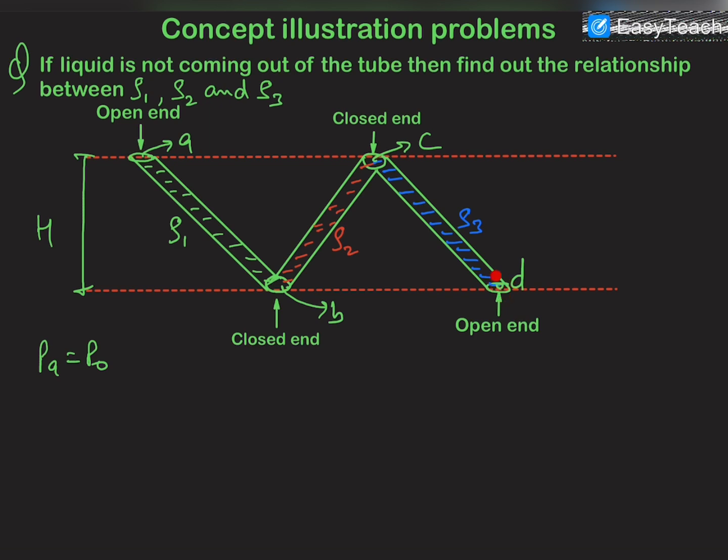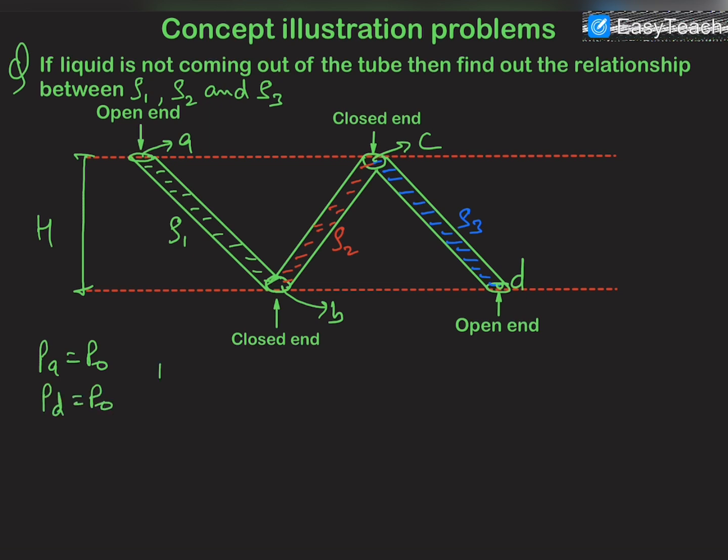Liquid is not coming out from this tube because pressure at D is balanced by the pressure of the atmosphere, which is P naught. I'll be demonstrating one example which you can practically demonstrate at your home in the later part of this video. So pressure at D will also be equal to P naught.